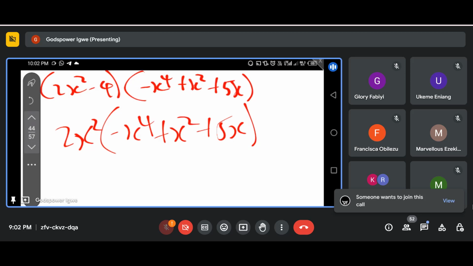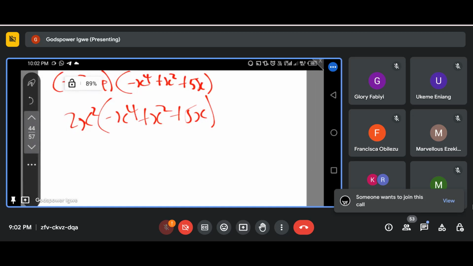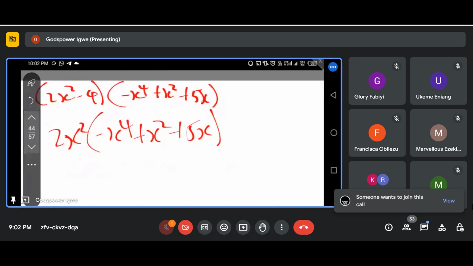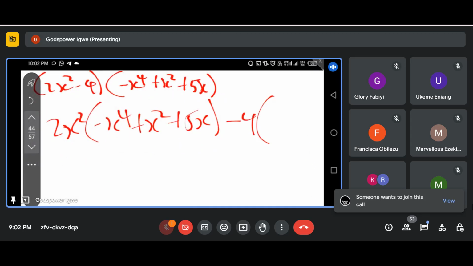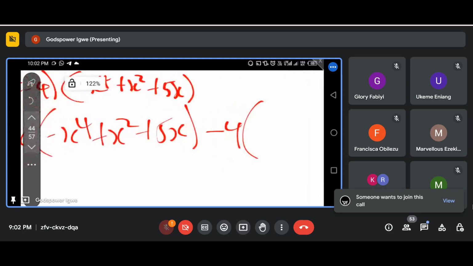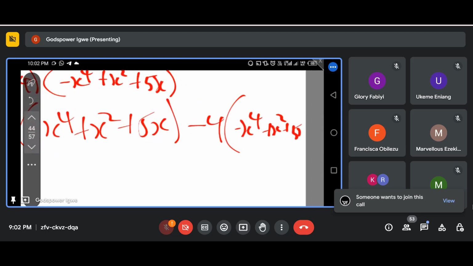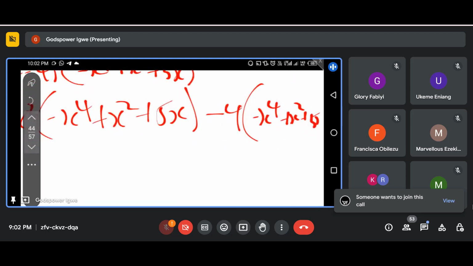So this will multiply, and also minus 4 will multiply plus 5.